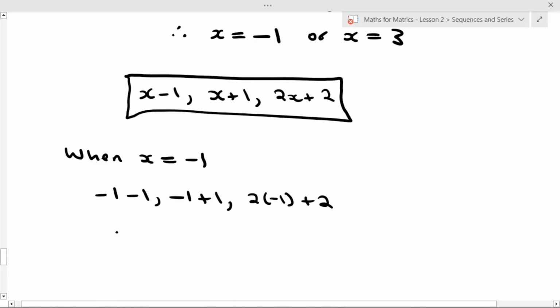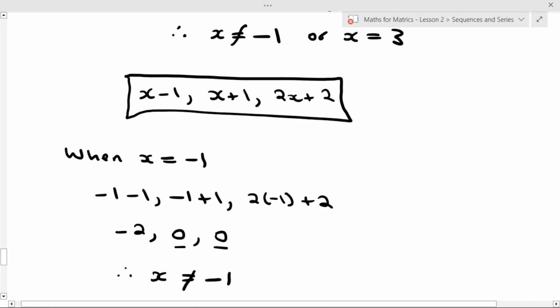And their values are minus 2, 0, and 0. Looking at these values, t2 and t3 are equal to 0. But r cannot be equal to 0. Therefore, x cannot be equal to minus 1. So we can say that x is not equal to minus 1.